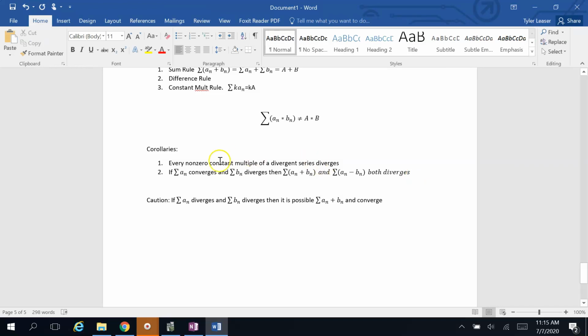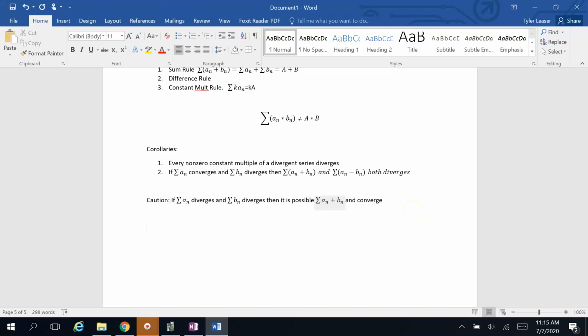Crazy, right? So if you have one that converges and one that diverges, and you add them or subtract them, it has to diverge. But if you have two that diverge, it is possible that you add them together and it converges. Cool, right? If you're super curious about that, just ask me during one of the meetings.